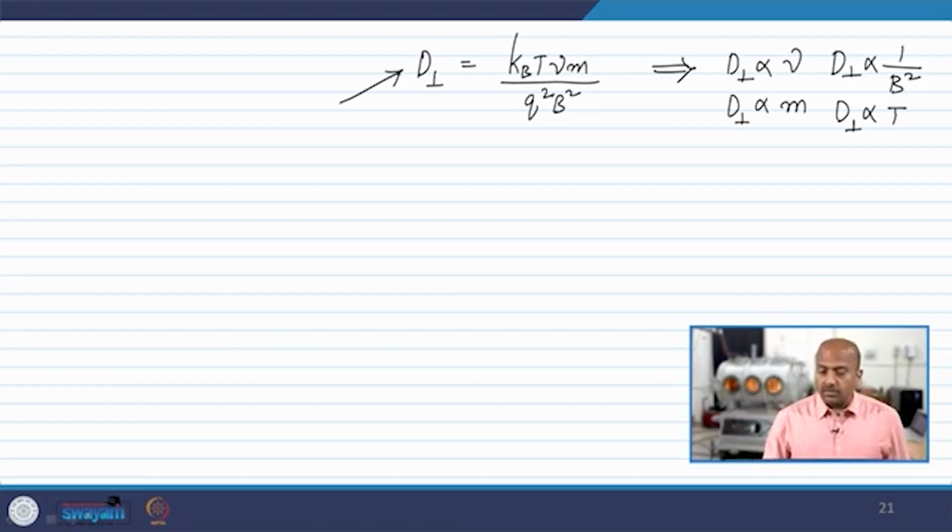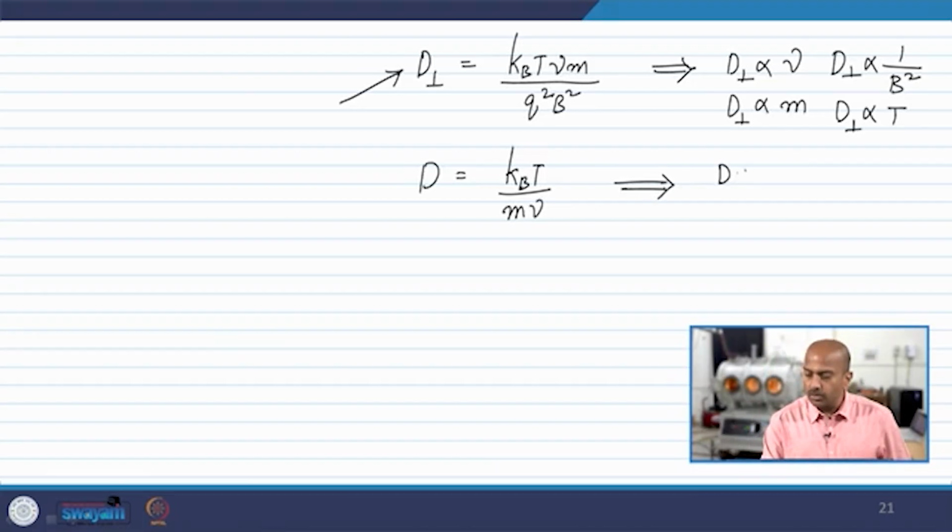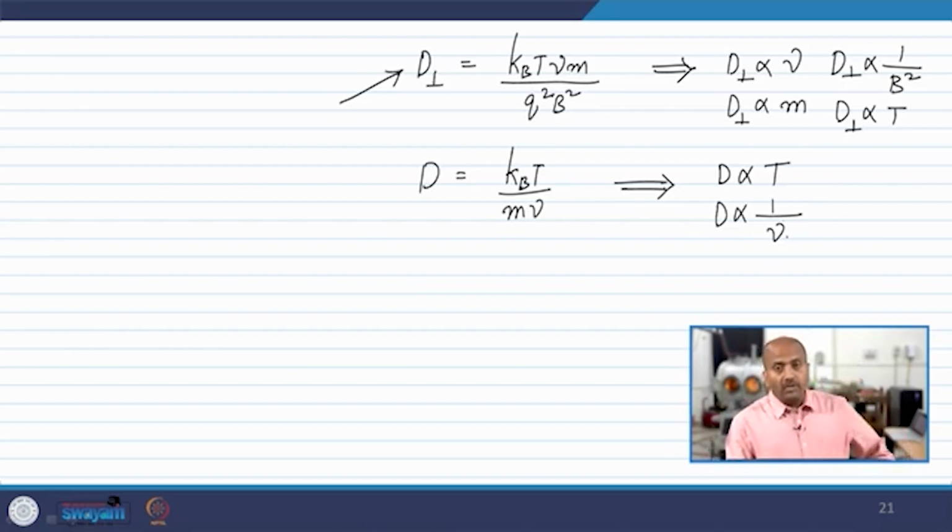Now, to contrast this with the parallel diffusion coefficient, or the diffusion coefficient in the absence of any magnetic field, you can write it as kBT by m nu. From this expression you can observe that the parallel diffusion coefficient is of course directly proportional to the temperature. It is proportional to 1 by frequency. So, in the absence of magnetic field, the more the collisional frequency, the lesser will be the diffusion. That is what this expression means.